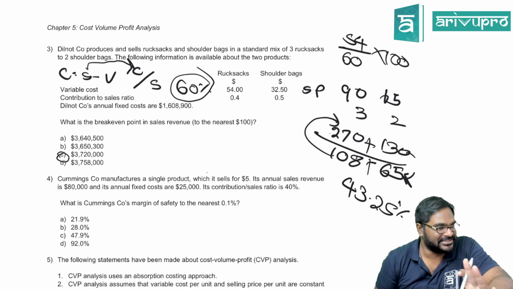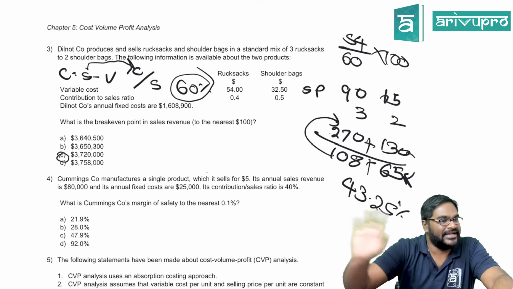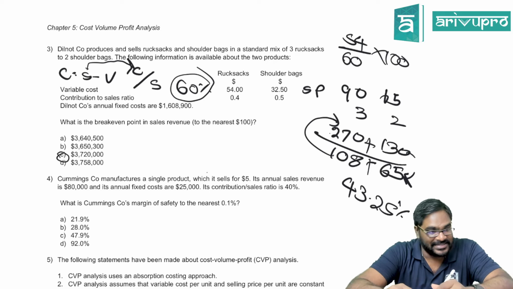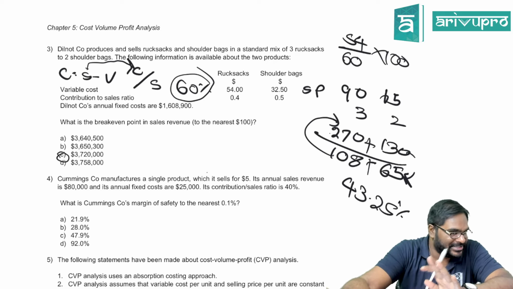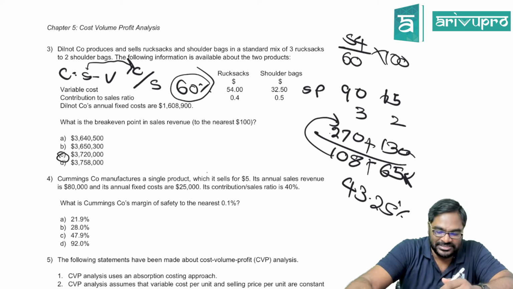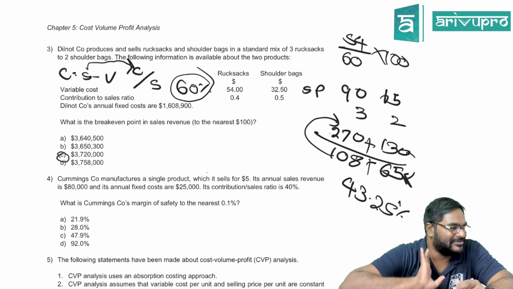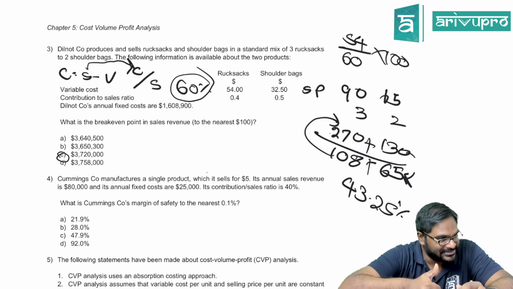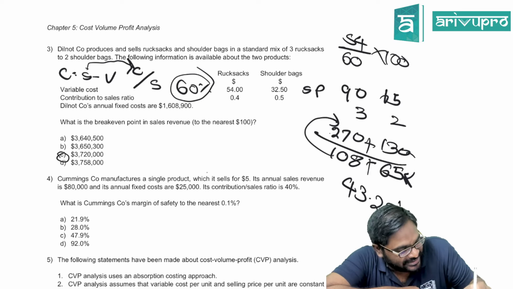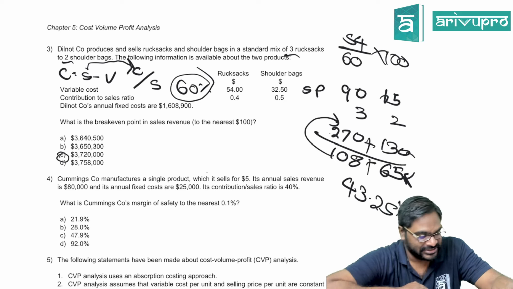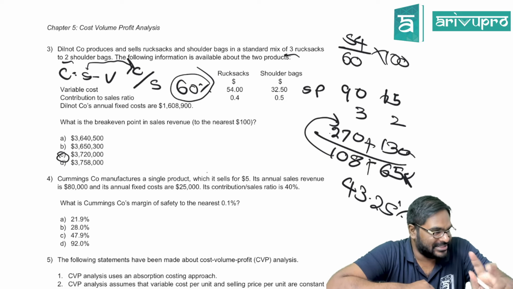So we know the mixture 3 and 2. So that means if our sales price is 90, as we computed just now, 3 of that would be there, right? 3 products of 90 would be there in our mixture. Agree? Because they are saying we are doing 3 rucksacks and 2 shoulder bags in the mixture.